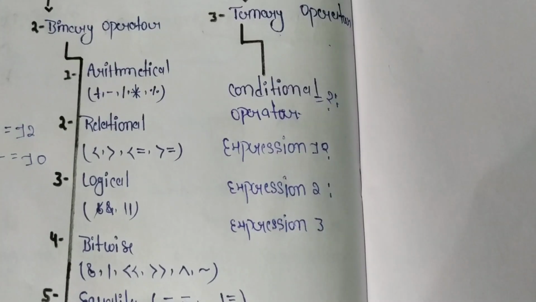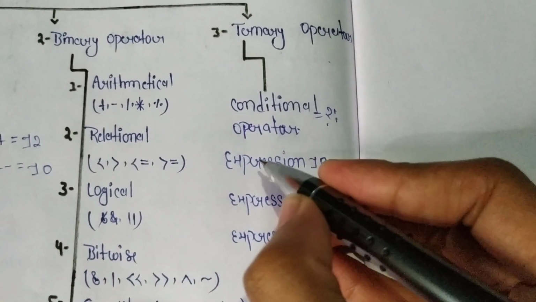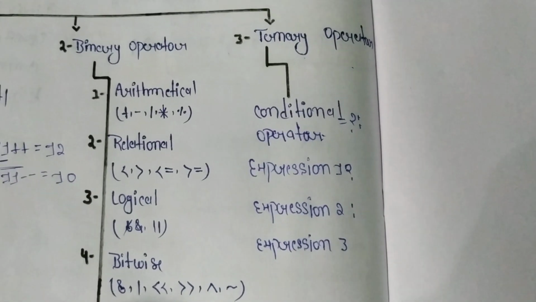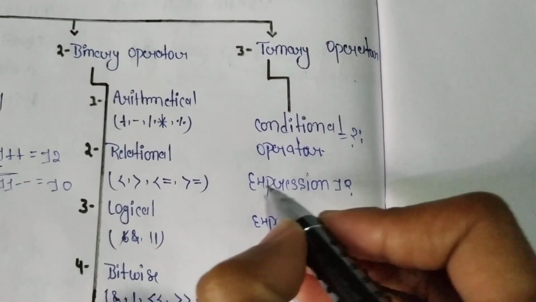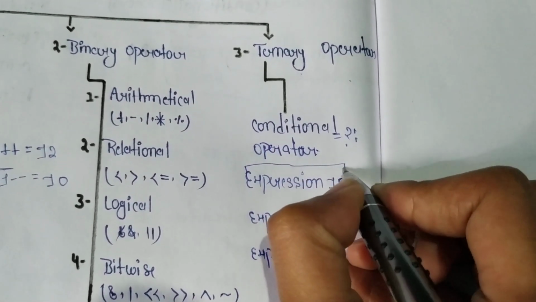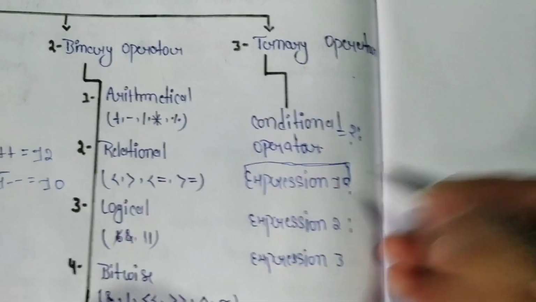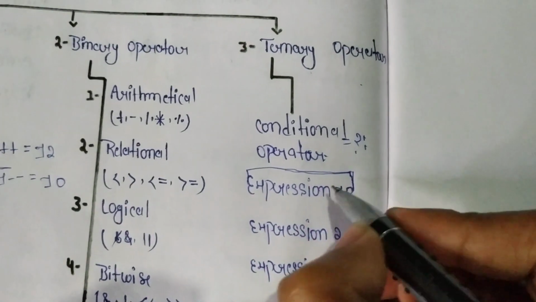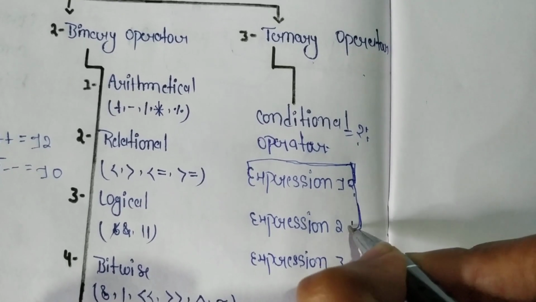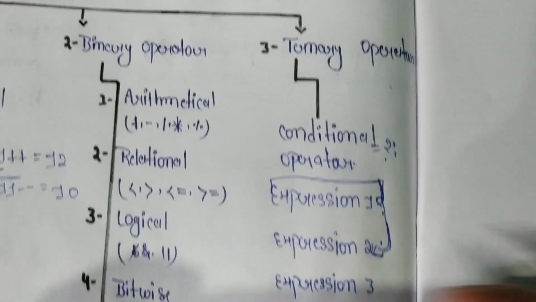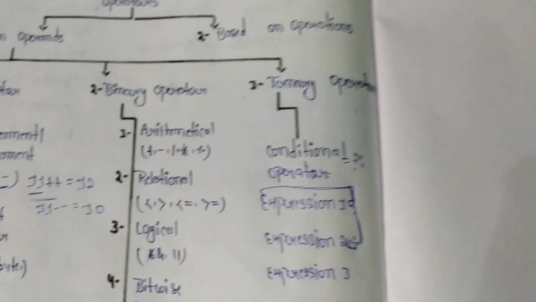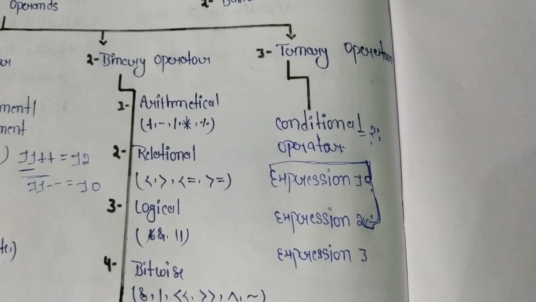After processing expression 1, the first expression should be a condition. If the first condition is true, then expression 2 will be evaluated and give the result, and that would be the output.